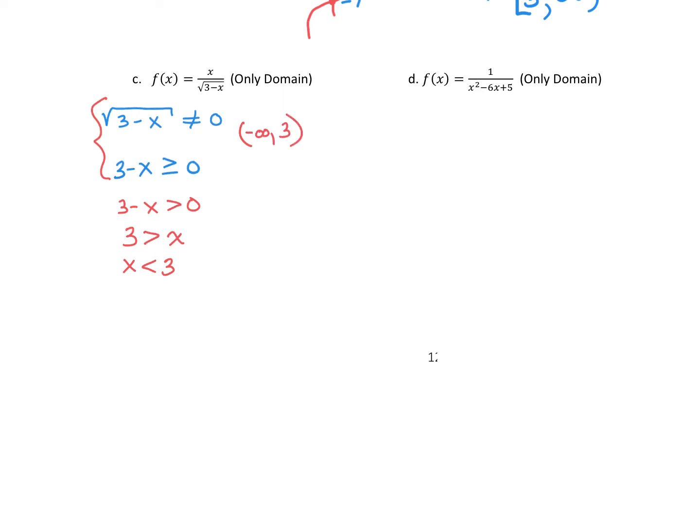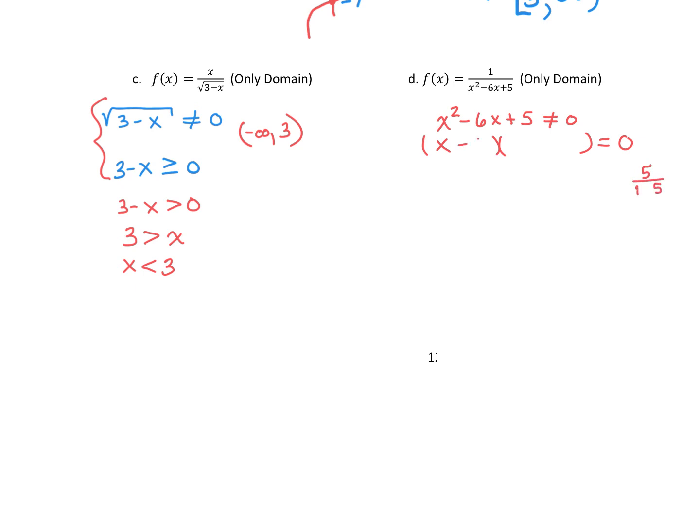Notice the numerator doesn't have anything to do with it. We're only concerned about the denominator. So same thing on part D. We know that this denominator cannot be 0, because if it were 0, that function would be undefined. And if I factor this, I'll get x, well, let's see, has to multiply to 5. 1 times 5 is our only thing.